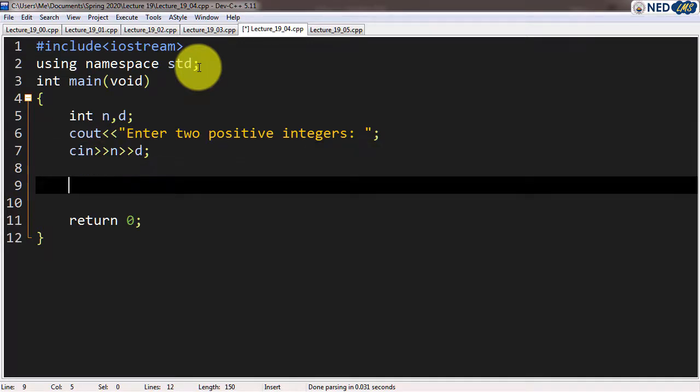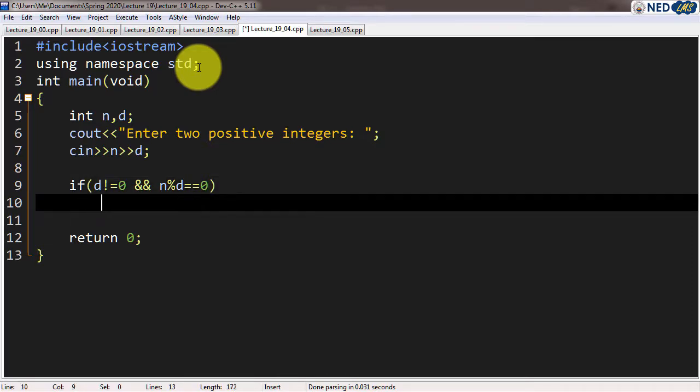Now I'm going to write the compound condition in the if, because we are going to write the logical expression here. I need to check whether d is not equal to 0, because we do not want the denominator to be 0, otherwise we have a runtime error. So if d is not equal to 0 and n remainder d equals 0.